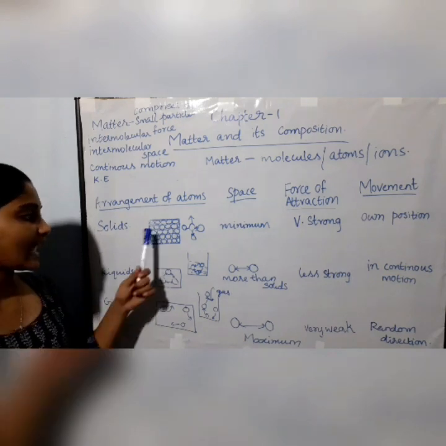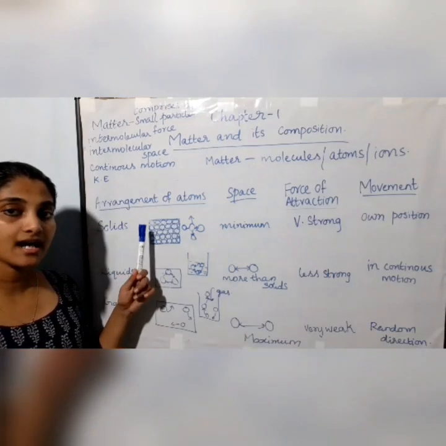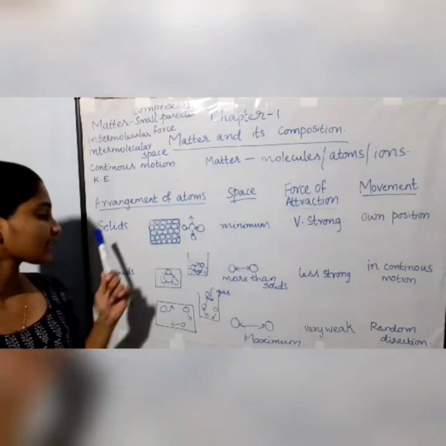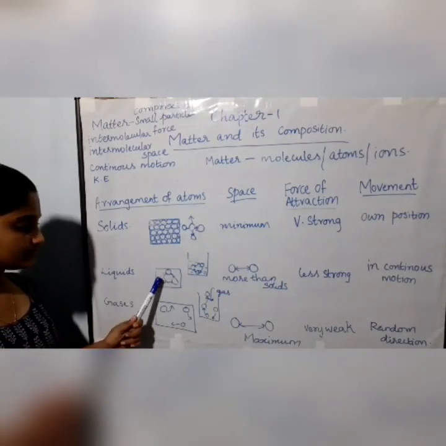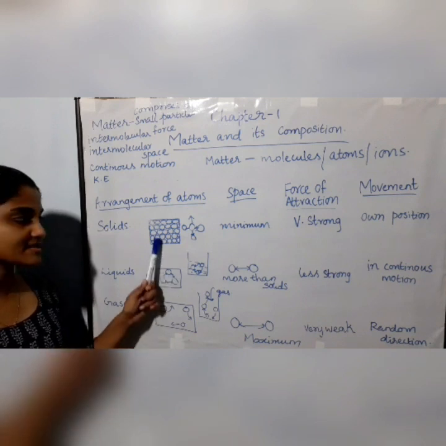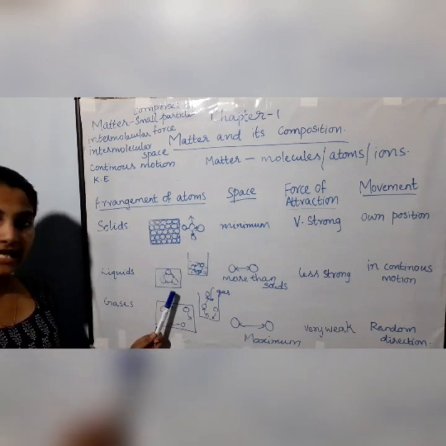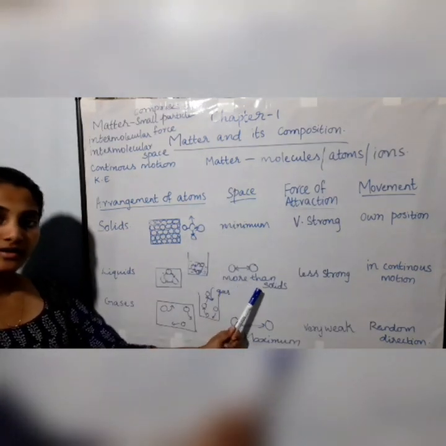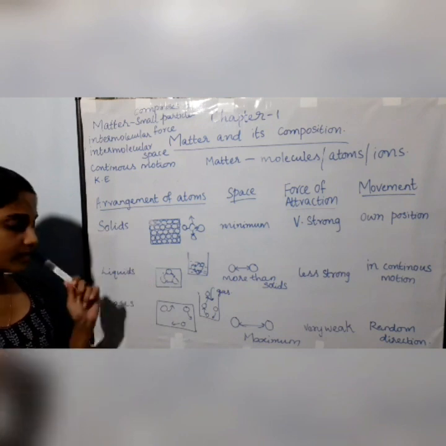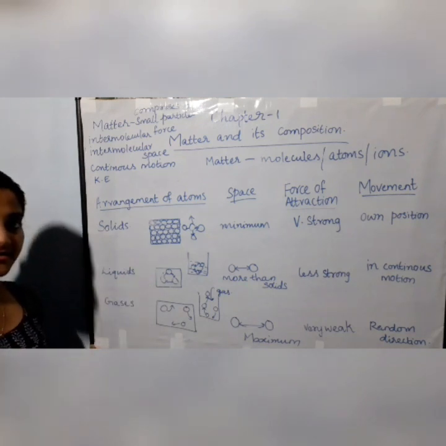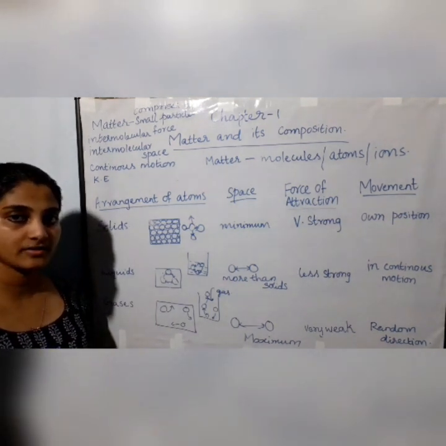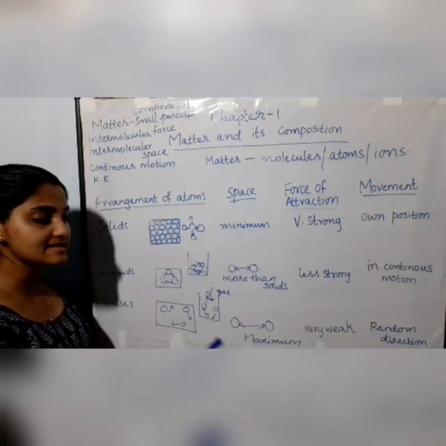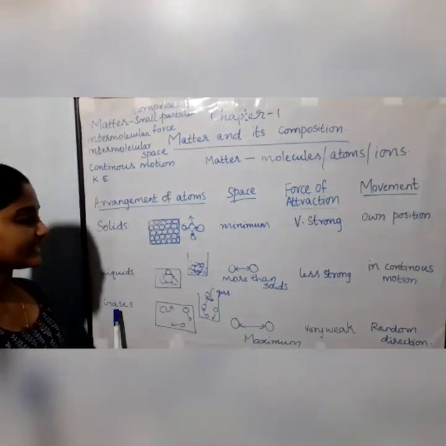These atoms or molecules in case of solids are closely packed, and as a result the space is minimum. In case of liquids, the atoms are not as close as in the case of solids, but they are slightly far apart. Therefore, you can say that the space is more than that of the solids. And in case of gases, the atoms are far apart from each other, and as a result the space between the atoms is maximum in case of gases.